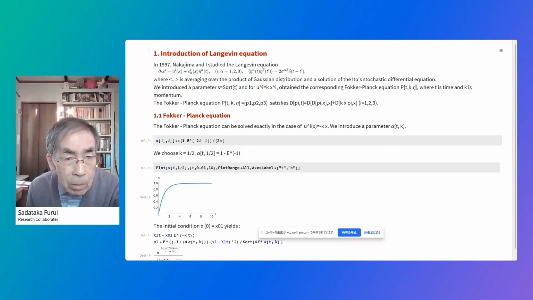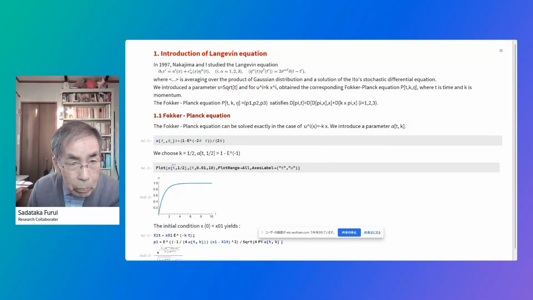And the Fokker-Planck equation can be solved exactly in the case of u(x) equal to minus kx. We introduced the parameter alpha(t, k), and we choose k equal 1/2 and alpha(t, 1/2) equal to 1 minus e to the minus t.